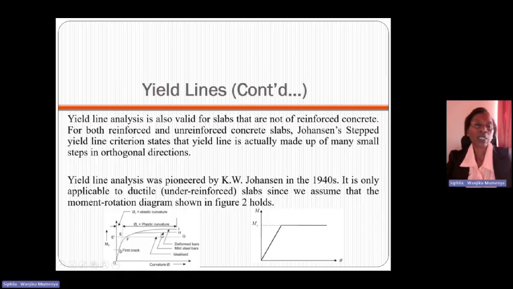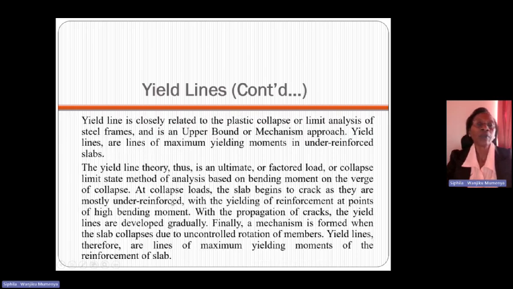So the real cases are shown there. And in this diagram, you find that this area is the elastic curvature. The elastic curvature around there, and then you have the plastic curvature. So you have two portions. Ideally, you have the elastic and the plastic curvature.